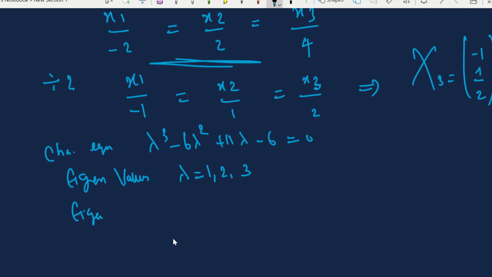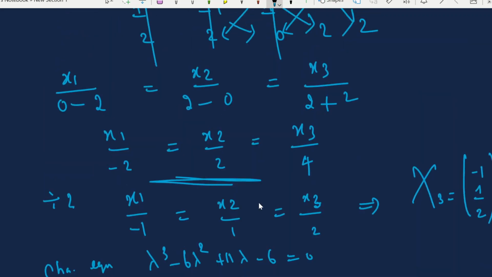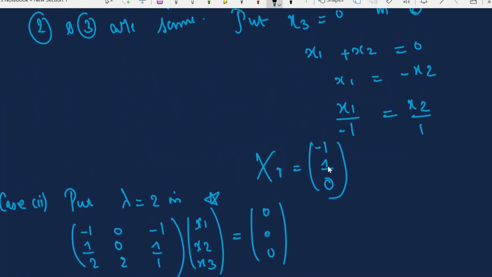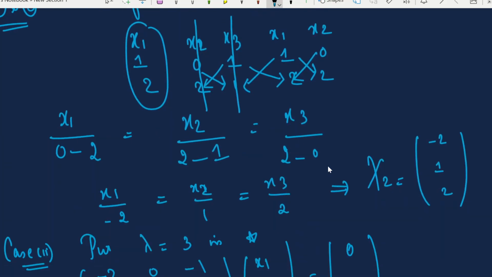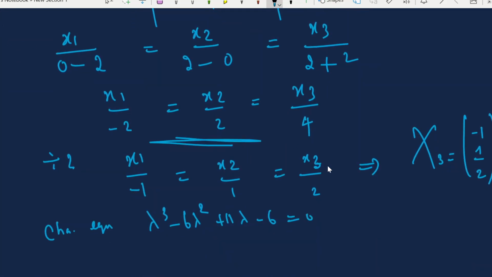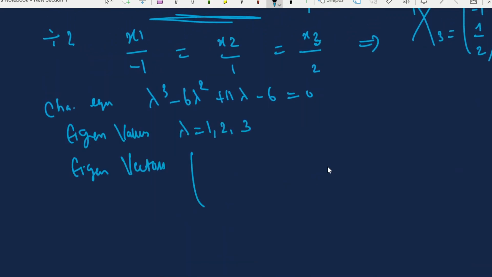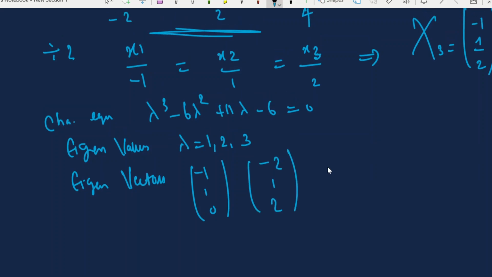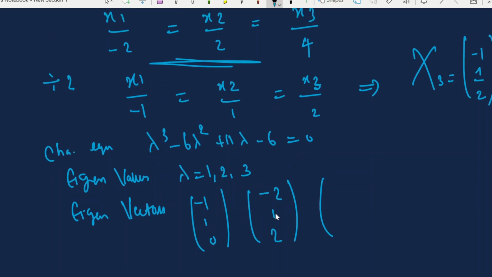And eigenvectors: our first eigenvector is negative 1, 1, 0. Second eigenvector is minus 2, 1, 2. And third eigenvector is negative 1, 1, 2.